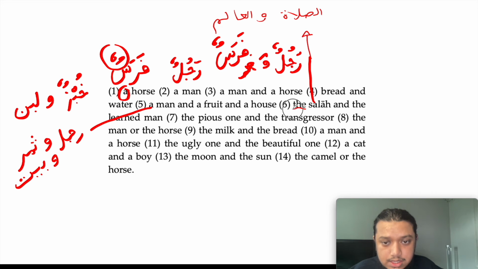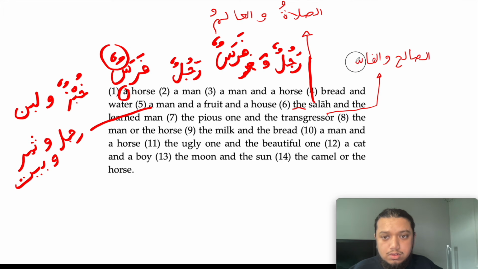Because it says the salah, it is definite, therefore alif lam is added. This also means the tanweens will drop. So as-salatu wal alimu, the pious one and the transgressor. This would be as-salihu wal-fasiq.